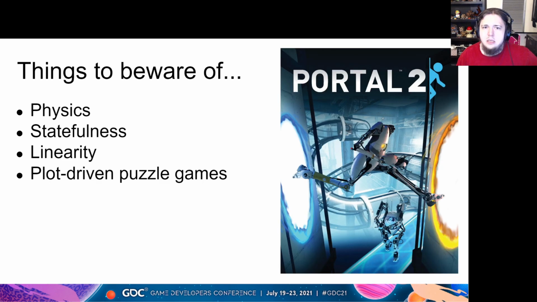Now, the problem with this advice is that it has been violated by the most successful puzzle game of 10 years ago. And so many puzzle game developers I've seen hop onto these trends. They try to make a Portal-like. They make a linear puzzle game based on physics and statefulness, and they have a unique narrative beat that's delivered every time you go into the next room, and you have to solve one puzzle after another.